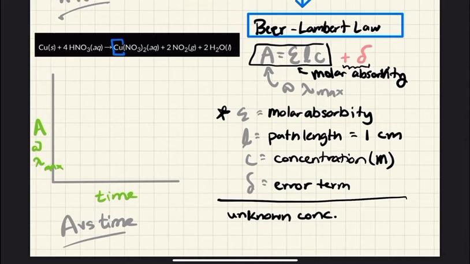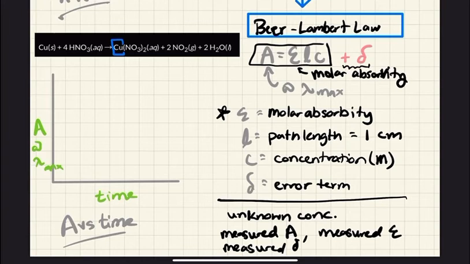You can plug in the measured absorbance, your measured molar absorptivity, your measured error term. People don't always do that part, but that will give you a more accurate value. Your path length is 1 centimeter, so that leaves your ability to calculate the concentration. So that is where this becomes really important.